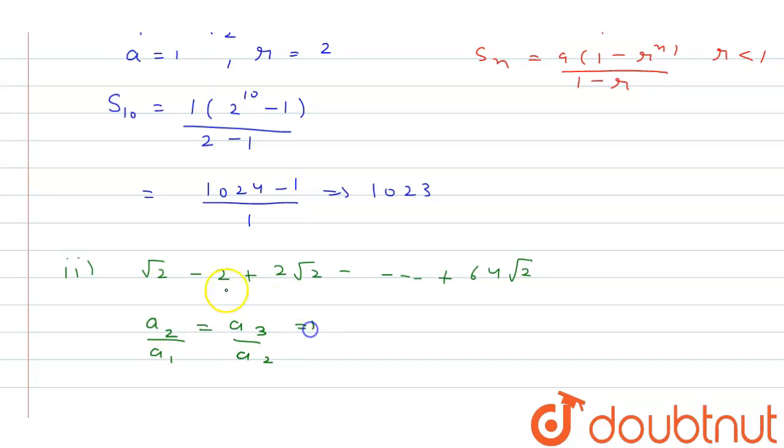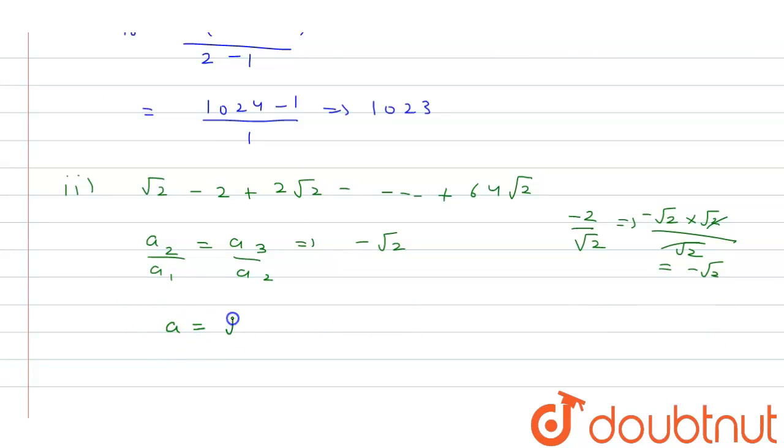If we divide minus 2 by root 2, we can write 2 as root 2 into root 2, and divided by root 2, this is cut and we get minus root 2. In the same way, if we divide 2 root 2 by minus 2, the 2 is cut and we get minus root 2. So the common ratio here is minus root 2. From here we can say A is equal to root 2 and R is equal to minus root 2.